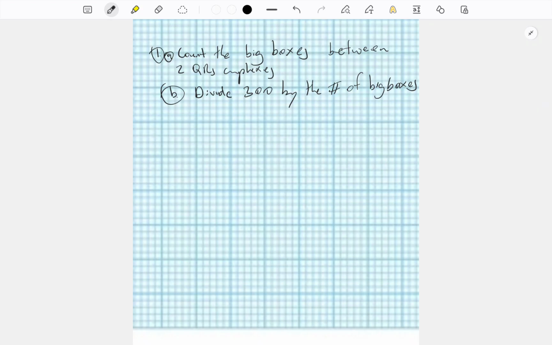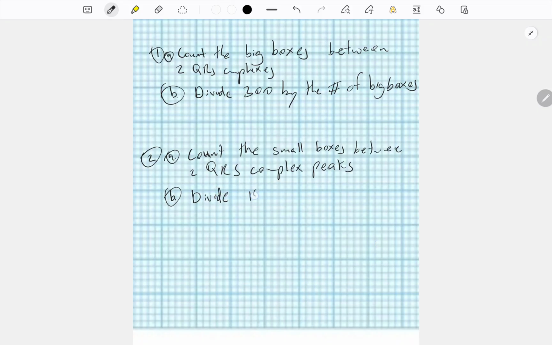Way number 2 would be basically the same thing, but we're using small boxes. So A, count the small boxes between 2 QRS complex peaks, and then B, divide 1500 by the number of small boxes.